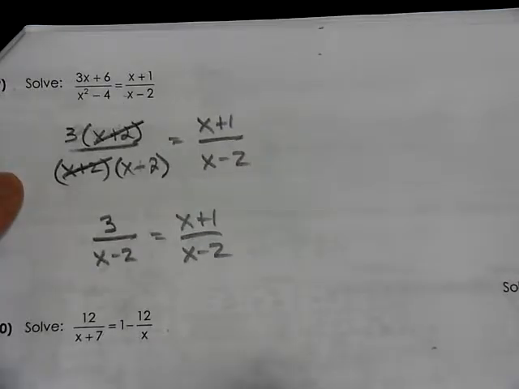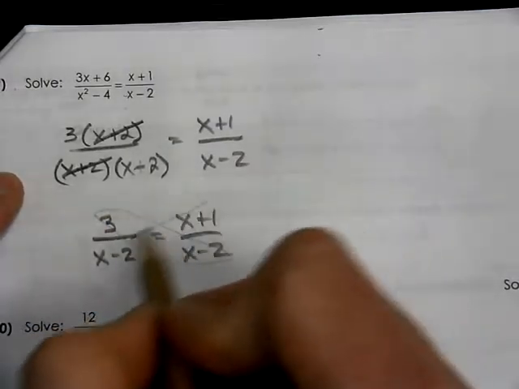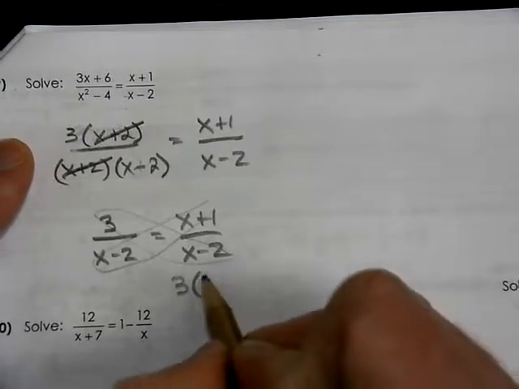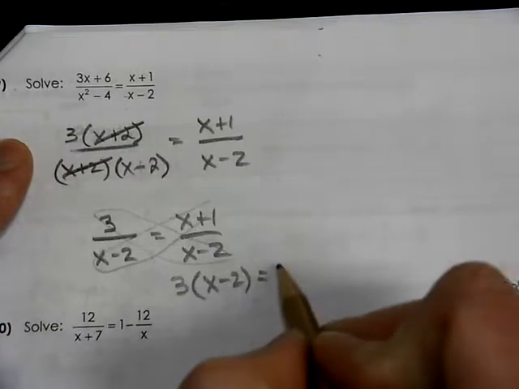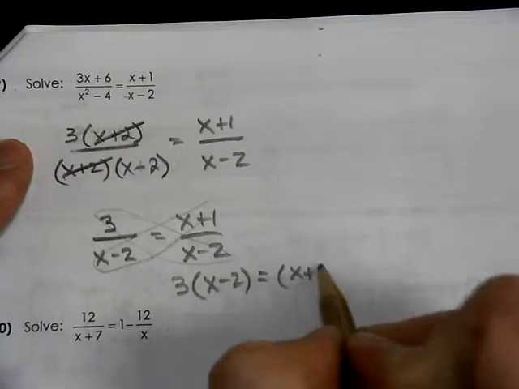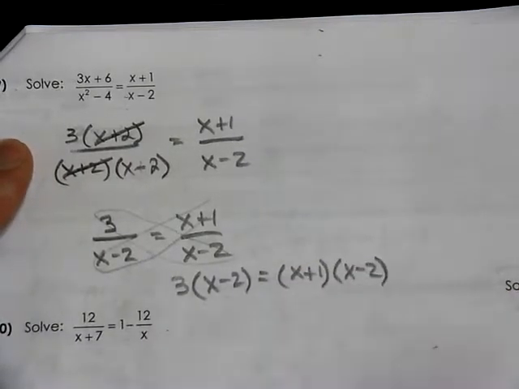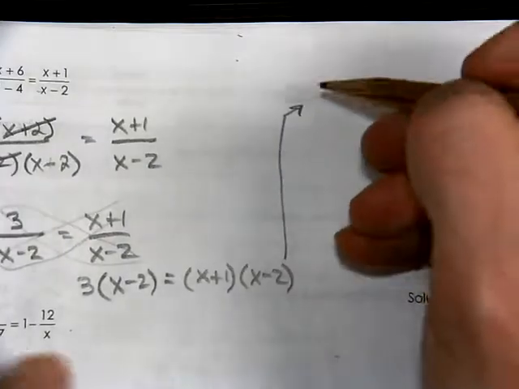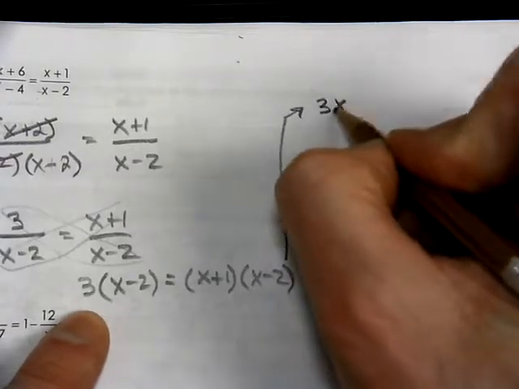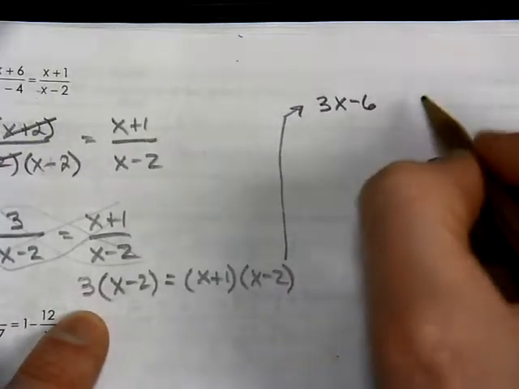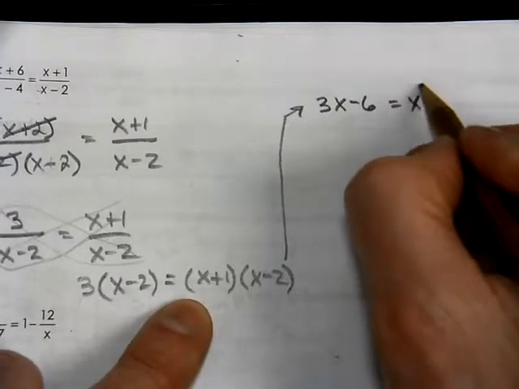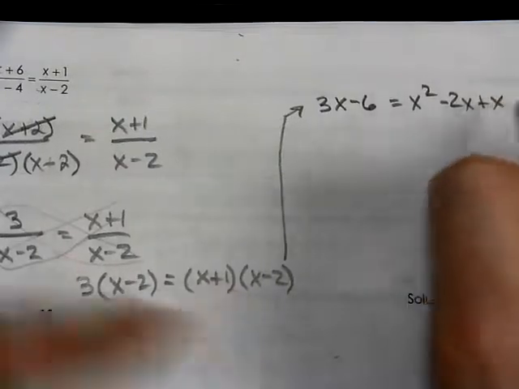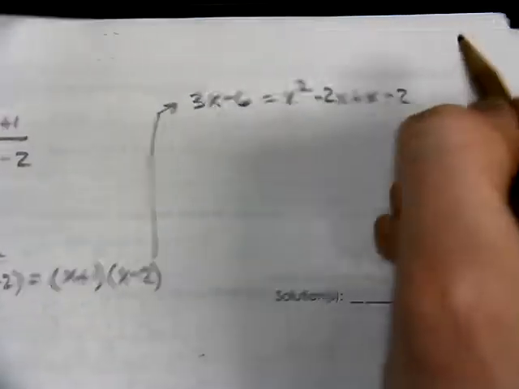Now we can cross multiply and be left with 3 times x minus 2, equals x plus 1 times x minus 2. So that puts us at 3x minus 6 equaling x squared minus 2x plus an x minus 2.